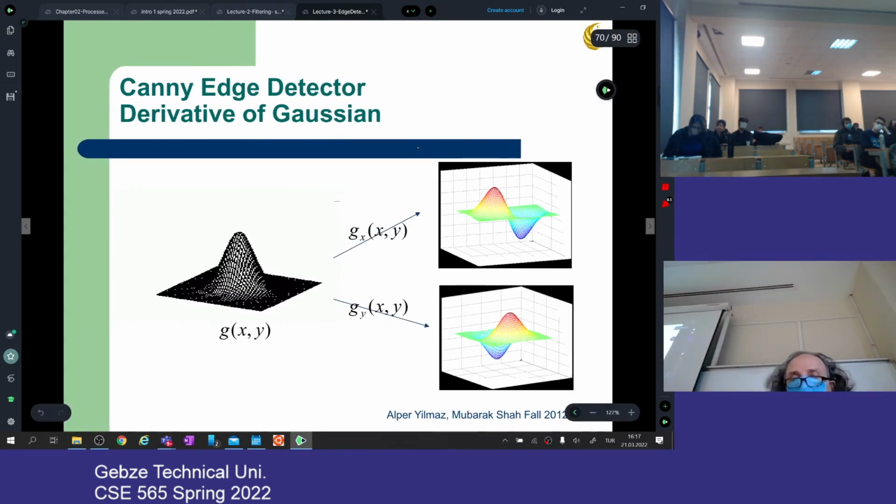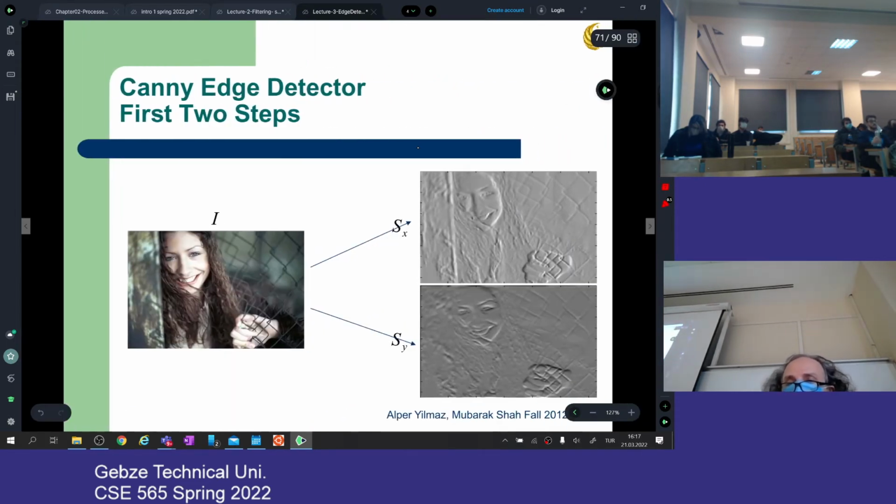So take the Gaussian's x dimension derivative and y dimension derivative, two of them. I have two operators now. Apply these two operators to your image. This is what you're going to get. You will say, well, this is very similar to what Prewitt and Sobel did. Yeah, that's true. But this is more mathematically robust. Why?